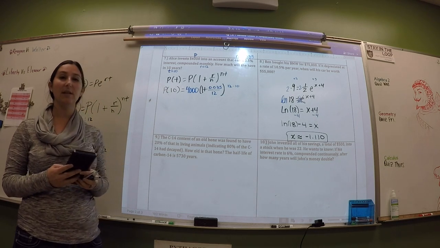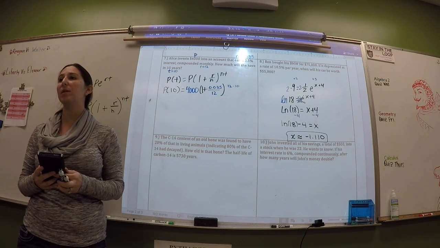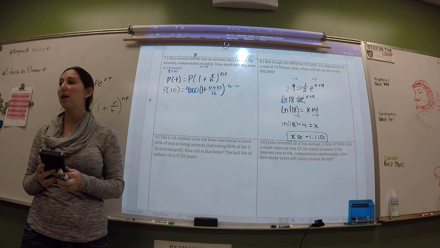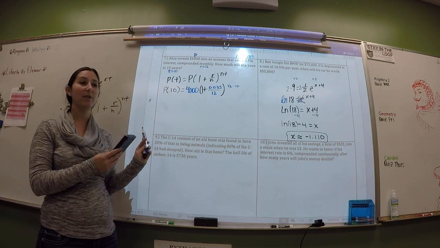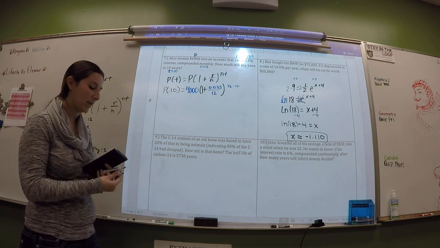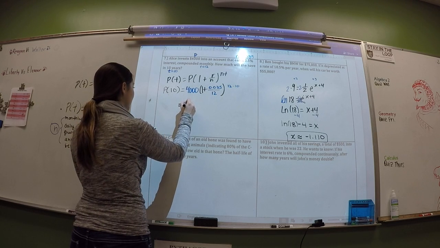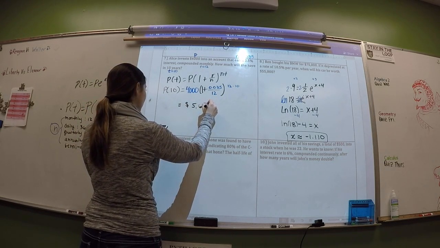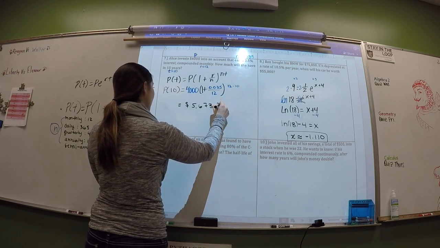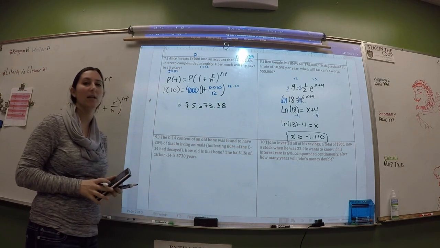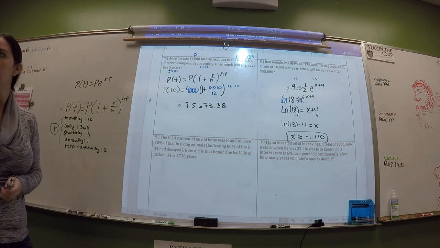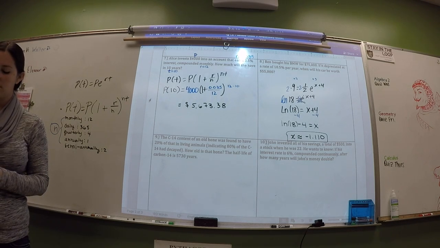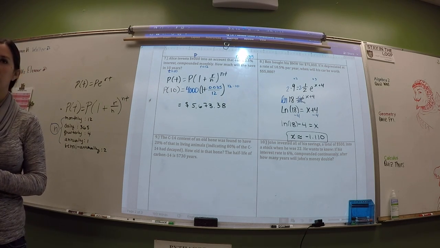If you've never done this in class, please don't let the test be the first time you type it in a calculator. Do it now so that you can practice. It's not as easy as it looks. And since this is money, I'm rounding to the nearest cent, so 2 decimal places. Dollar sign goes in front of the number.